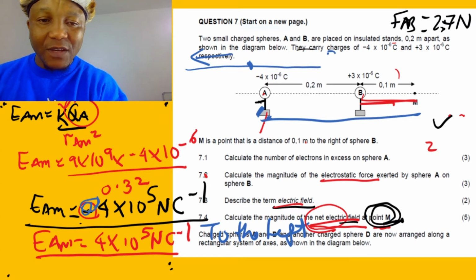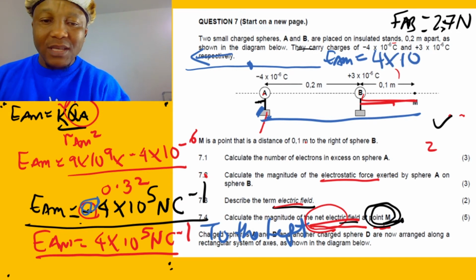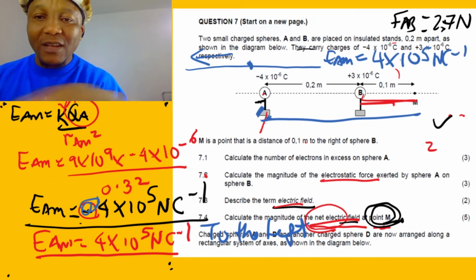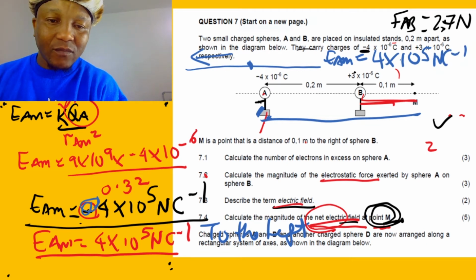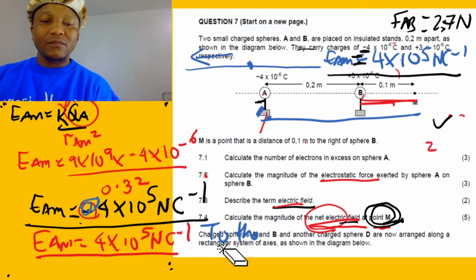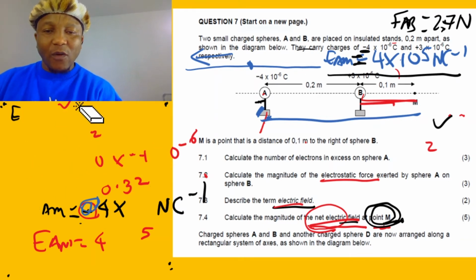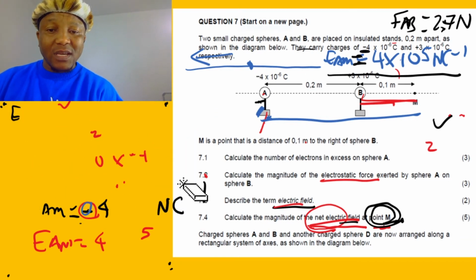So the electric field of AM equals -4 times 10 power 5 newton coulomb -1. Don't forget your negative, right? Okay, cool. Now let's find the electric field of BM. Okay, easy.